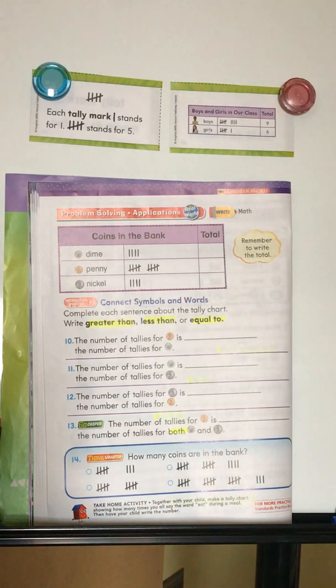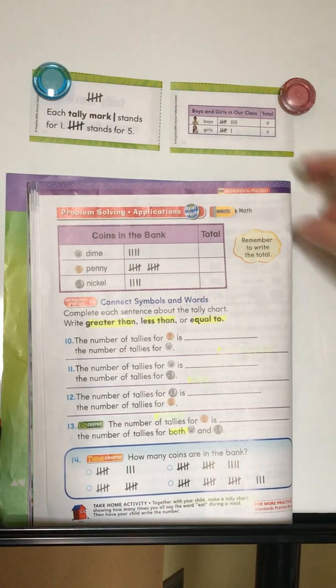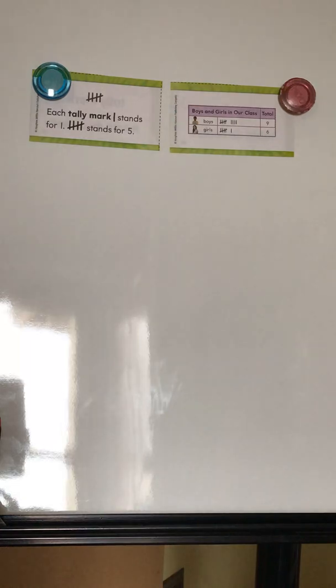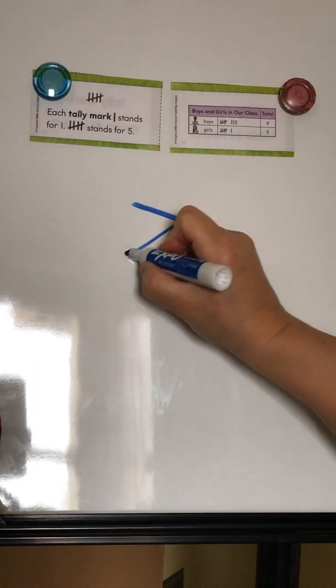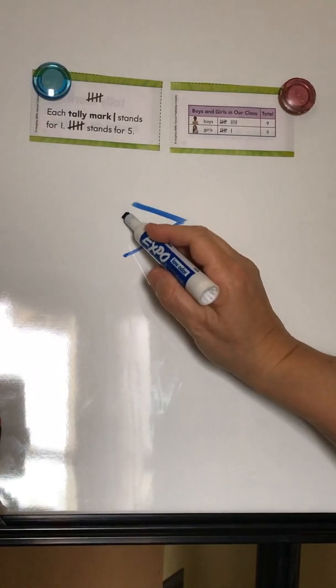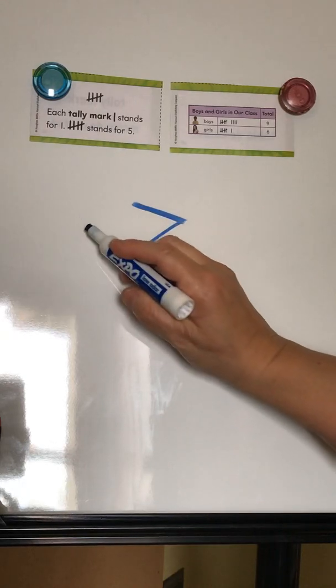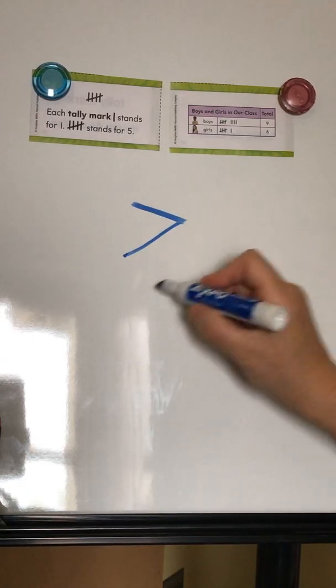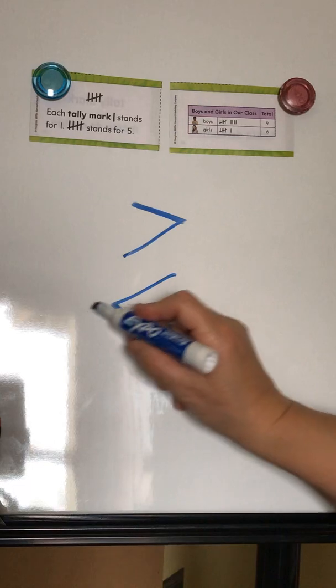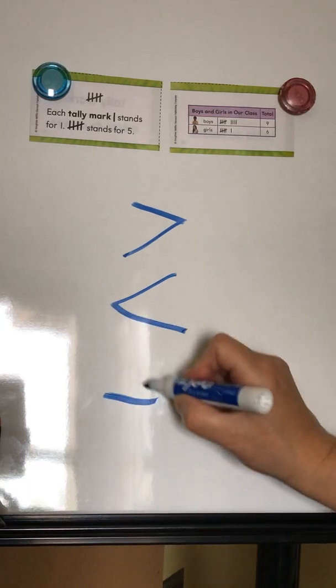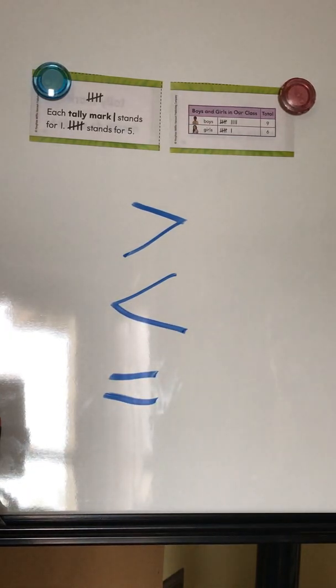So remember, we have practiced those before, and we wrote them with symbols. The alligator mouth is the greater than number goes to the bigger number, and the less than number goes here. Less than, the little point is the little number, and equal to means that they're the same. Okay, so remember back to that.